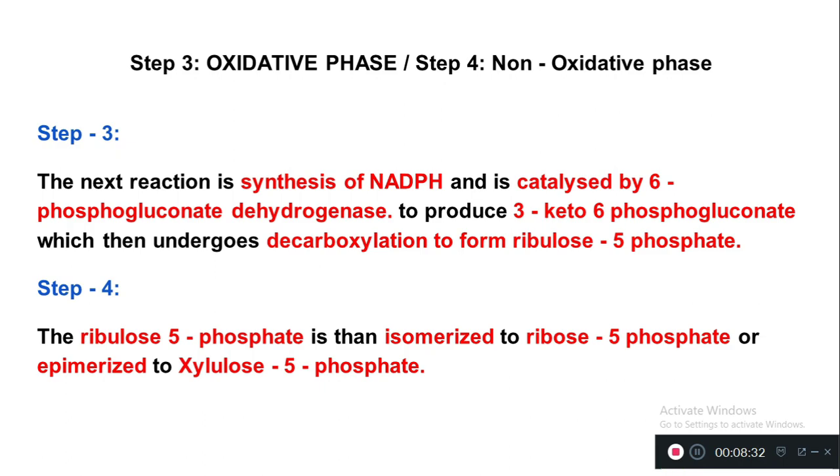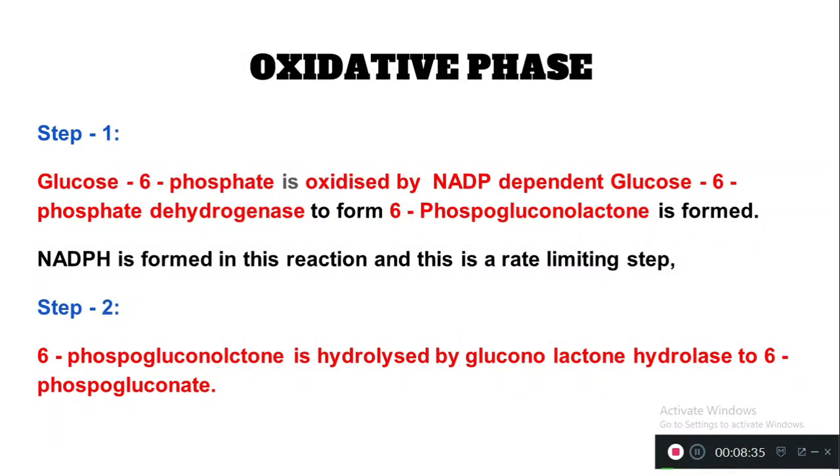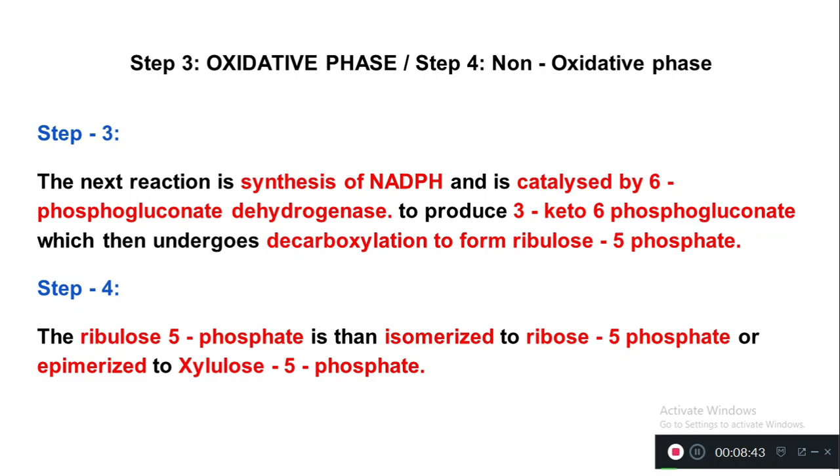So from where are we getting this? We are getting this from 6-phosphogluconate. 6-phosphogluconate is catalyzed by the enzyme 6-phosphogluconate dehydrogenase to produce 3-keto 6-phosphogluconate.